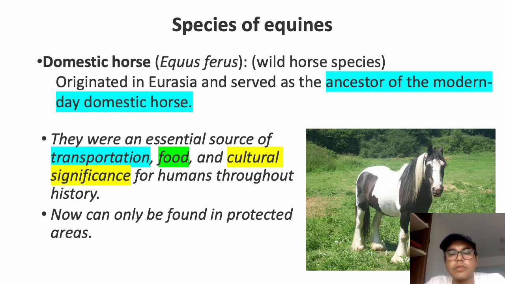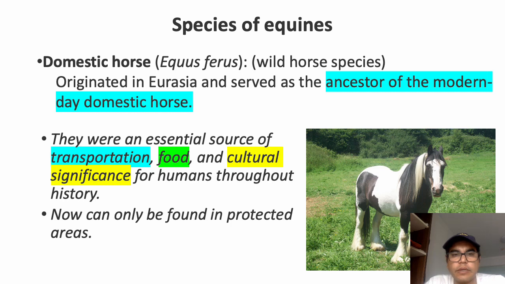Now, talking about the different species of the horses. The first one is the domesticated horse, which is also called the modern horse. It originated in Eurasia and is considered the ancestor of the modern horse, which we can see from the picture.